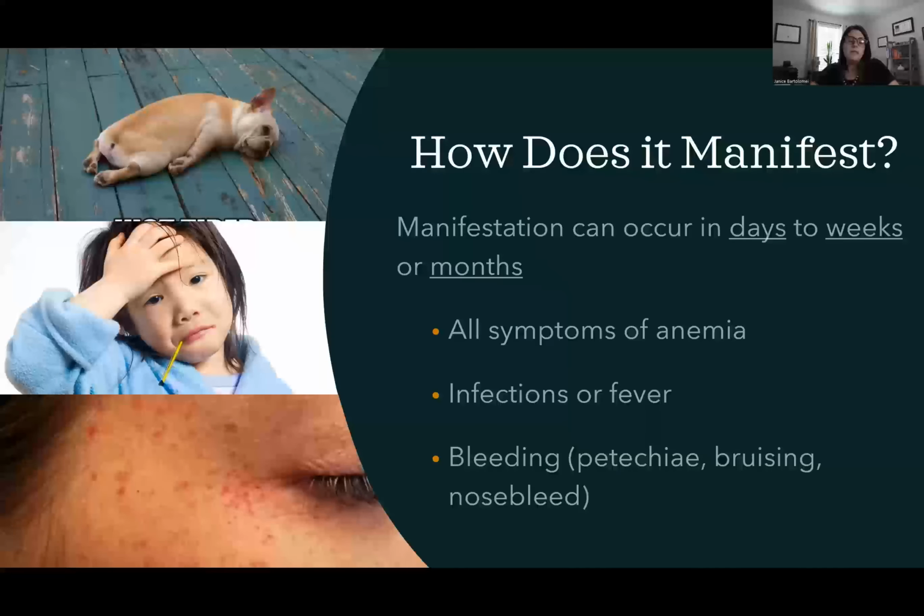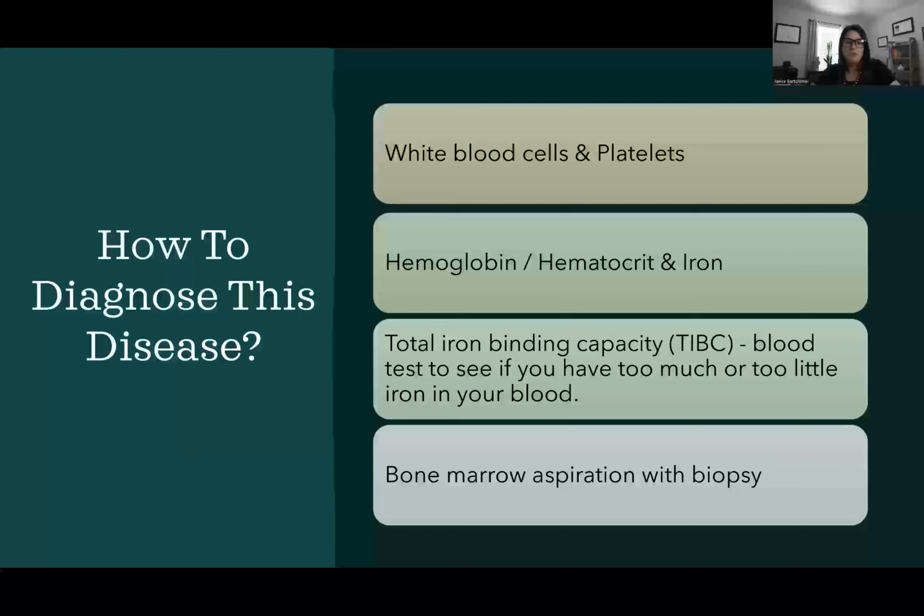So pretty much these manifestations could take days, weeks, and months. It's not something that happens from one day to the other. You have all the symptoms of anemia. You have that fever, not feeling good, can contract infections. You can have from the bleeding petechiae, which are those little points that I'm showing in this picture, bruising, nosebleeds, etc. We diagnose it by taking blood.